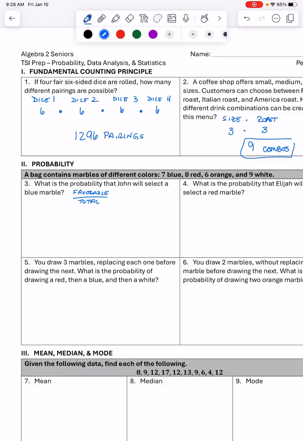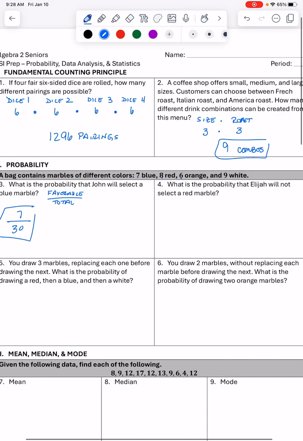Our favorable outcomes are blue, so there are 7 blues, and the total, if we add 7 plus 8 plus 6 plus 9, is 30. We can't reduce that fraction at all, so it would be a 7 out of 30 chance that he would draw a blue.